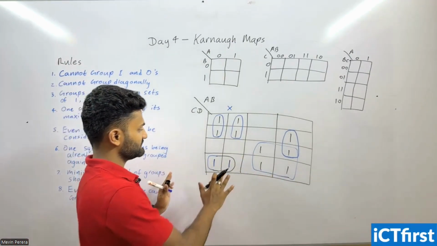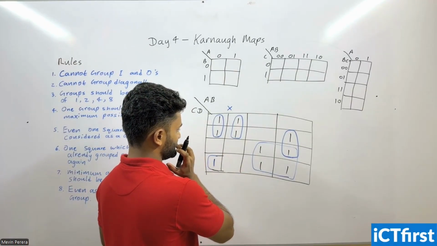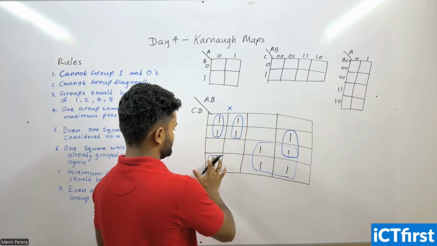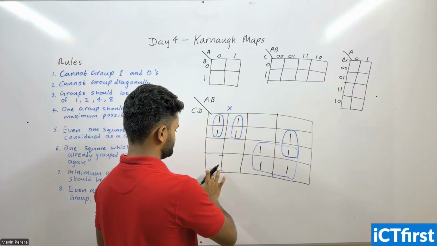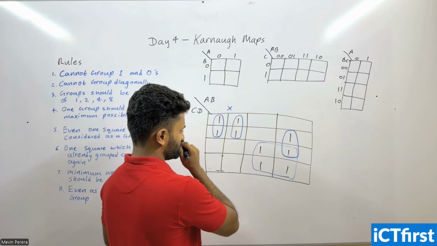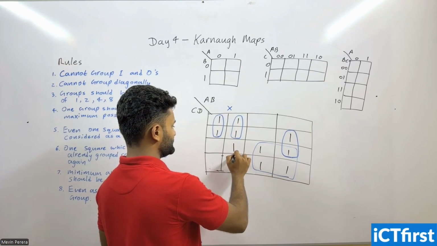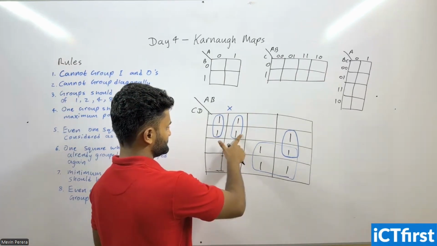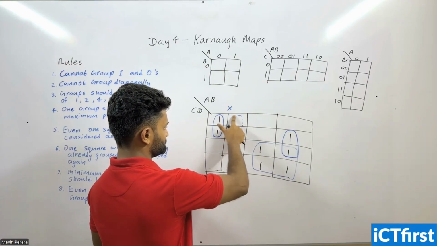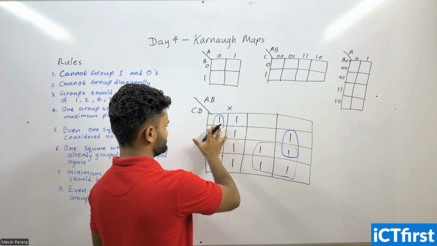Sorry, this example. Let's erase this for a while. So let's say there was 1 1 here and this was not there. Let's say that it was there. So something like this.